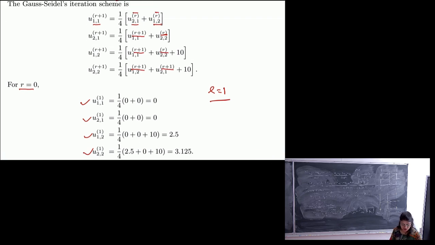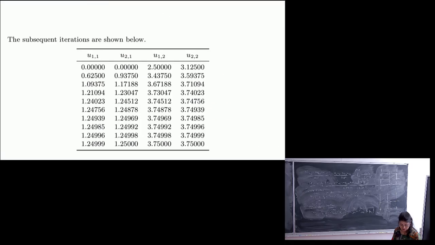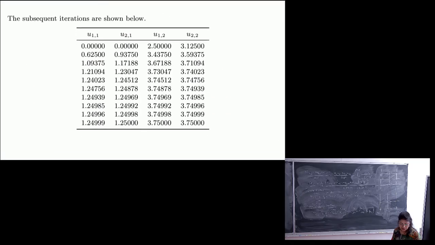Okay, so this is the Gauss-Seidel method, and the Gauss-Seidel method is a betterment of the Jacobi method, and in this example we can see how your Gauss-Seidel method is better than your Gauss-Jacobi method. Okay, so these are the iterations here.